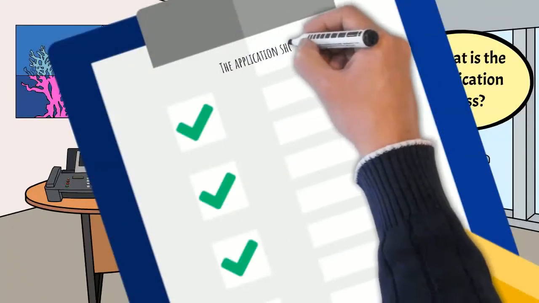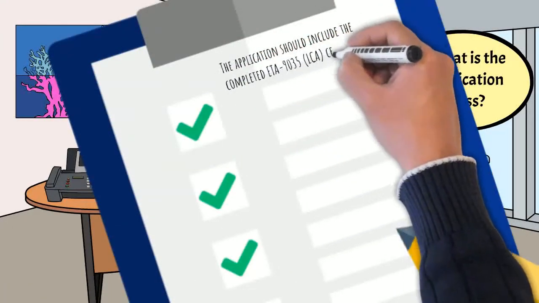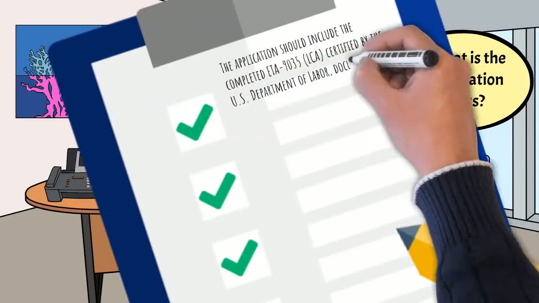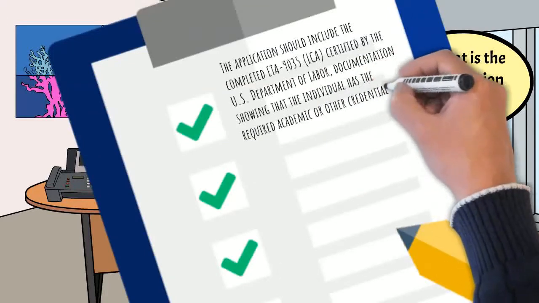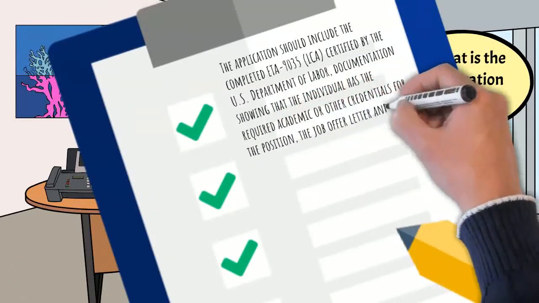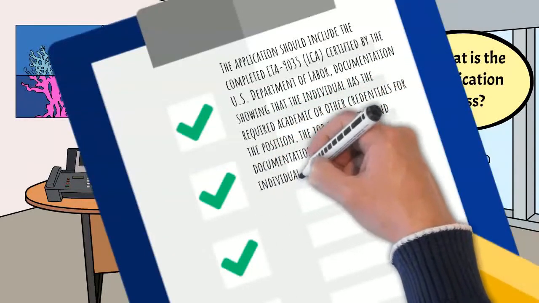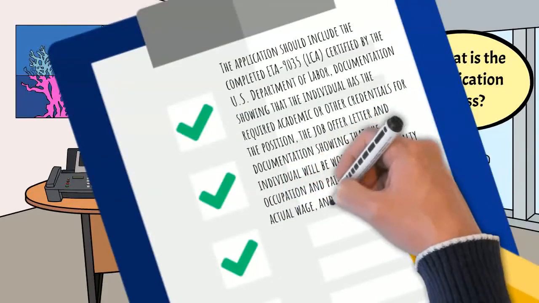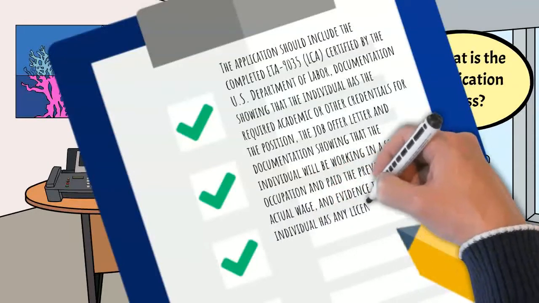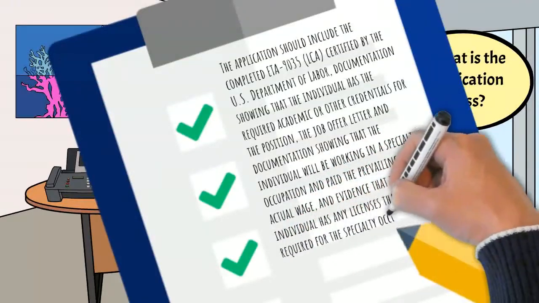The DS-160 is not required if applying through USCIS. The application should include the completed LCA certified by the U.S. Department of Labor, documentation showing that the individual has the required academic or other credentials for the position, the job offer letter, and documentation showing that the individual will be working in a specialty occupation and paid the prevailing or actual wage, and evidence that the individual has any licenses that are required for the specialty occupation.